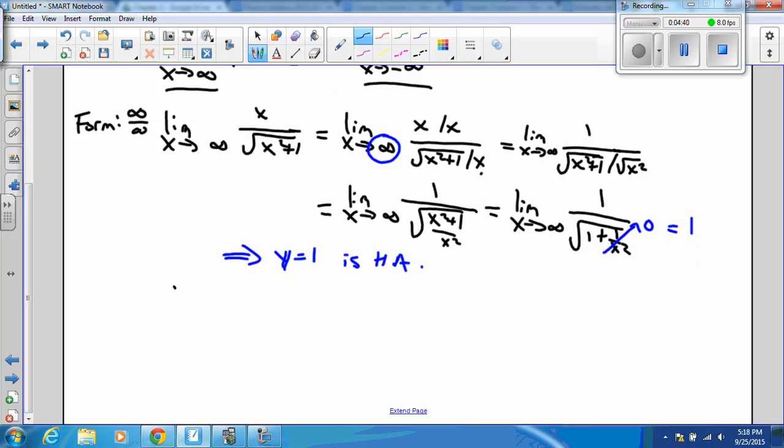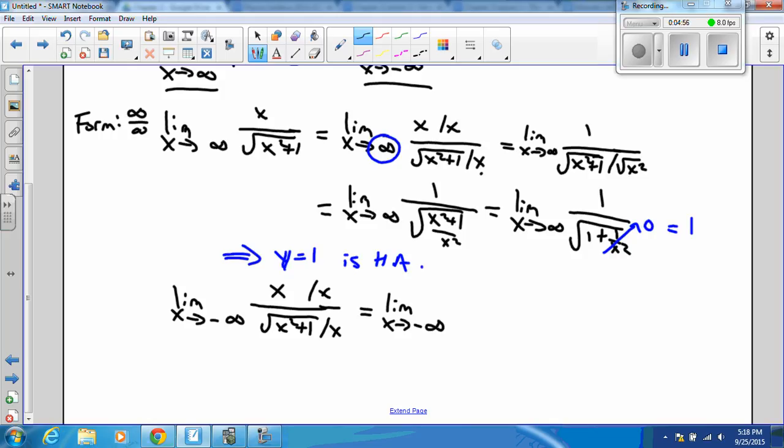graph. Well, what about as x goes to negative infinity? We're going to use the same kind of algebra, but when we get to the point of dividing by x, we have to recognize that because x is taking on very large negative values, x is no longer the square root of x squared, which would be positive. Instead, x is the opposite of the square root of x squared.